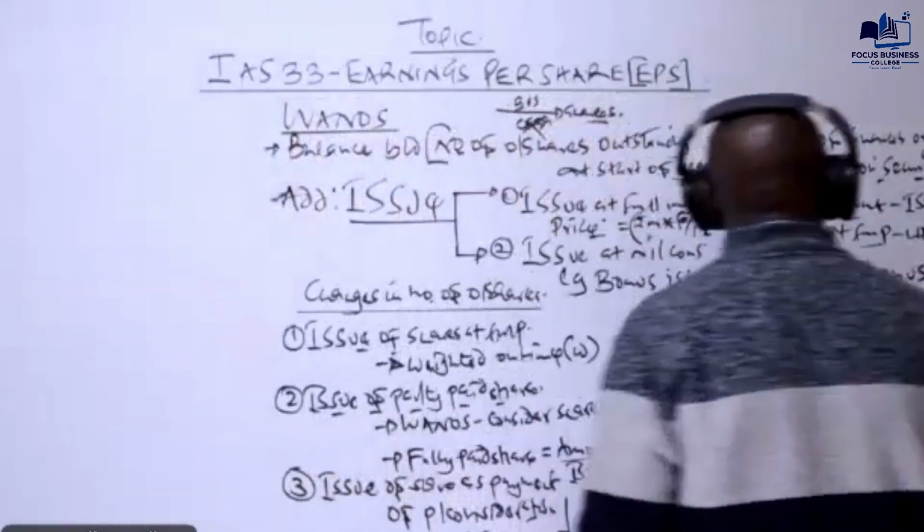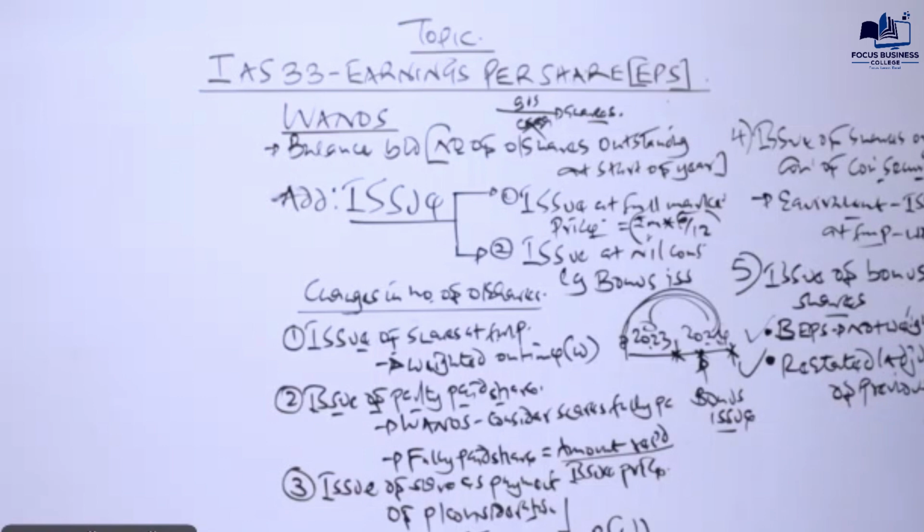And basically, how do we compute that restated or adjusted earnings per share? To compute the adjusted basic earnings per share of the previous year, we take the PATOS for the previous year. We divide that by our NOS for the previous year, which is 2023.